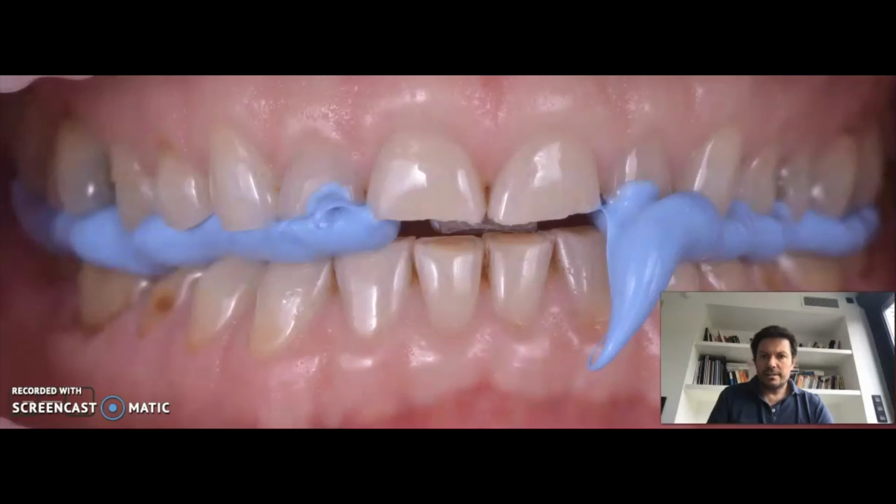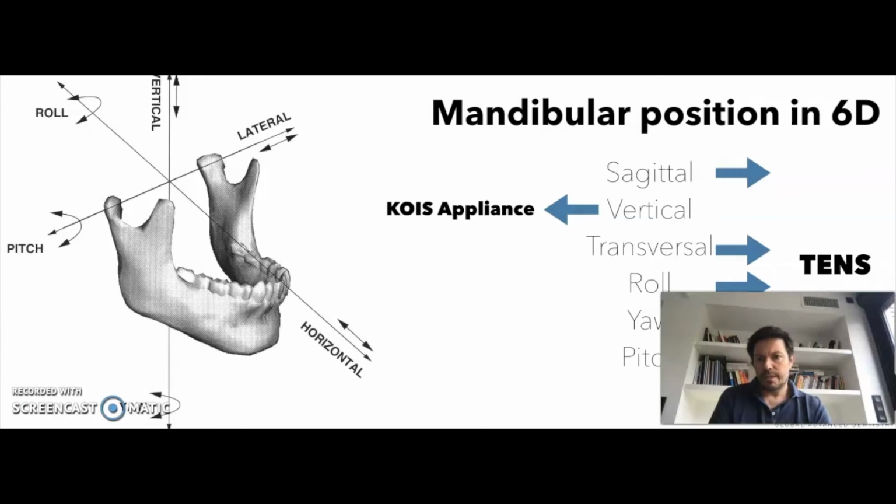Then to record the bite, I place some silicone on the back, ask the patient to close on the COIS, and it's done. So the TENS gives me sagittal, transversal, roll, yaw, and pitch, and the COIS gives me vertical.